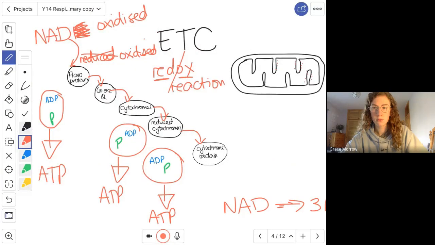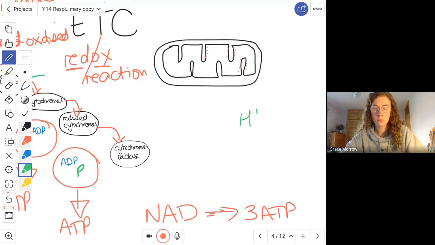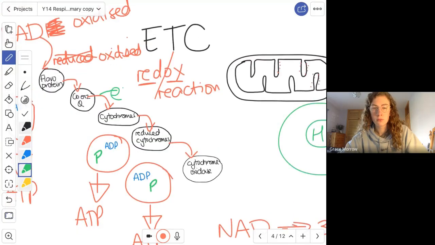Now, at this stage, where are we? If I highlight, I'll use green here. At this point here, the hydrogen splits. Now remember, we said hydrogen has the positive ion in the middle, and then it has an electron that's orbiting. So those 2 parts split up. And at this point here, it's the electrons that are passed down here.